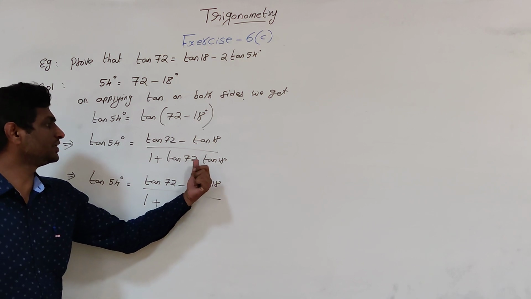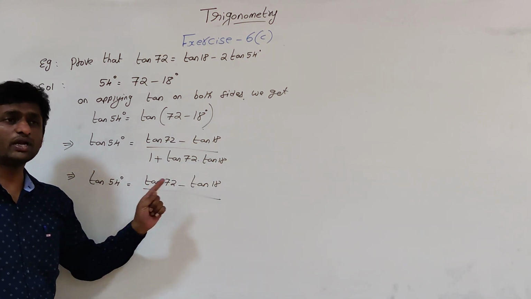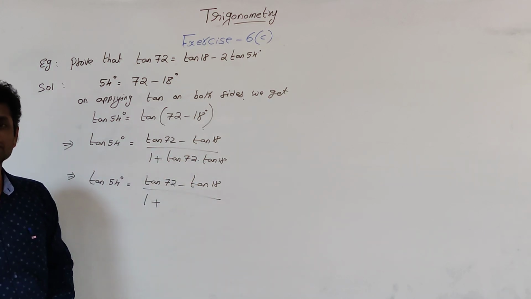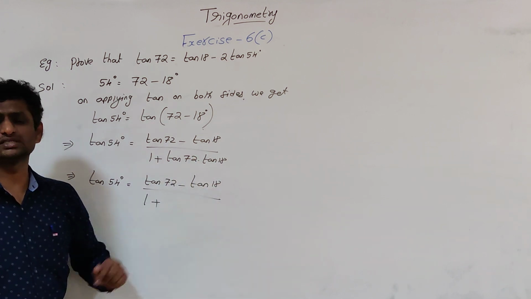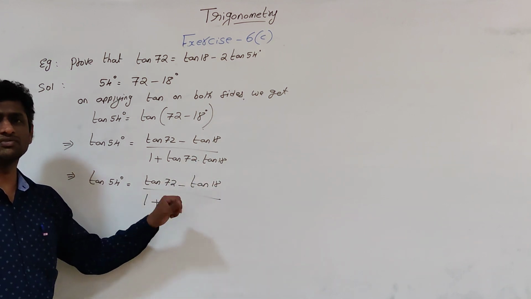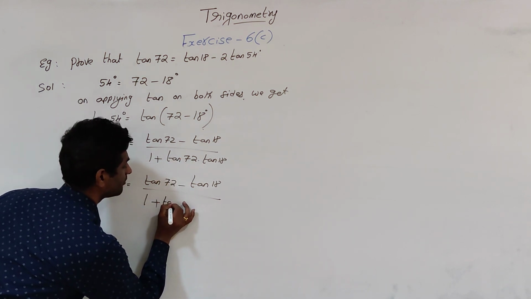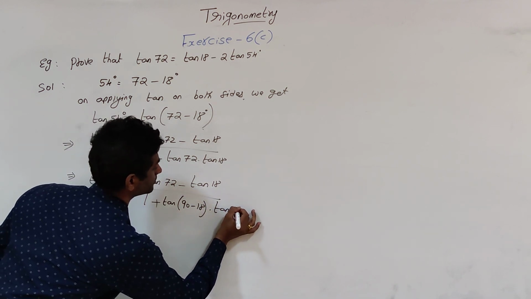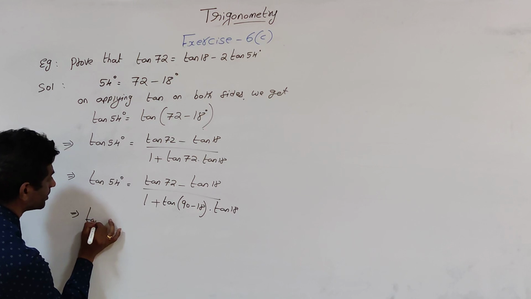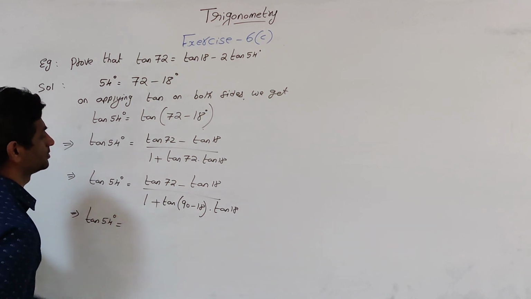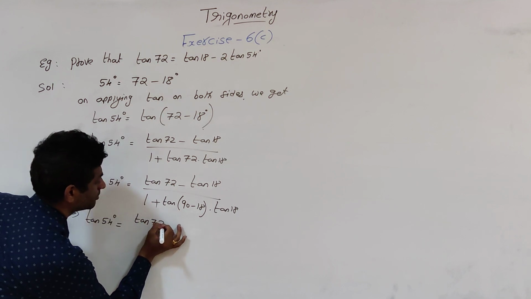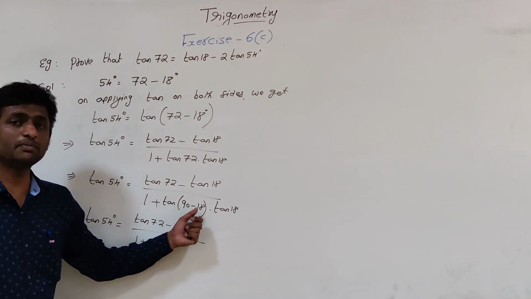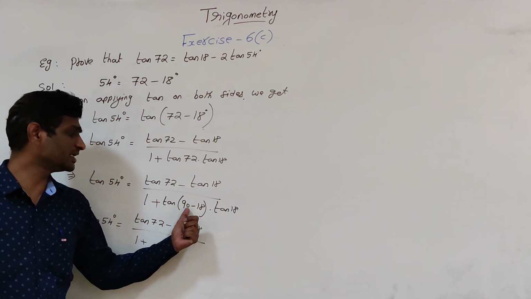As I said, 72 and 18 are complementary. Means one angle can be written as 90 minus the other angle. 72 means 90 minus 18, or 18 means 90 minus 72. Any one of them we can write. So tan of 90 minus 18 into tan 18. Tan 54 degrees is equal to tan 72 minus tan 18 by 1 plus tan of 90 minus theta. 90 minus theta lies in the first quadrant.